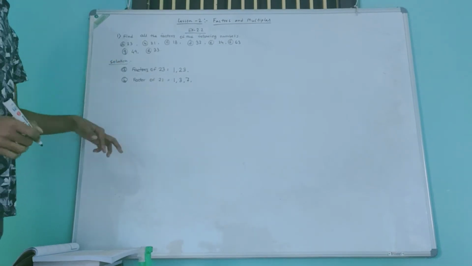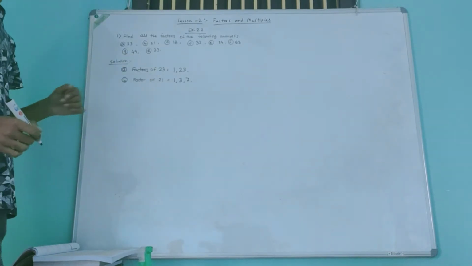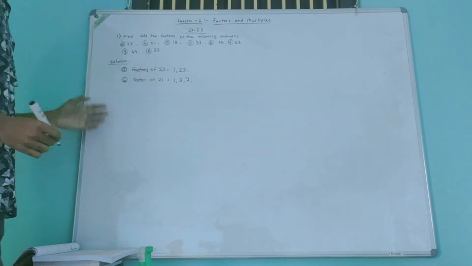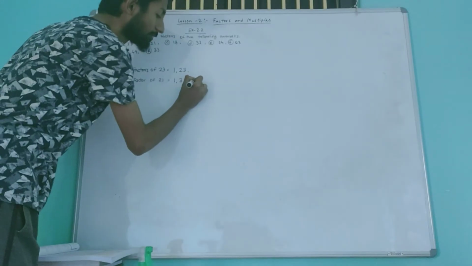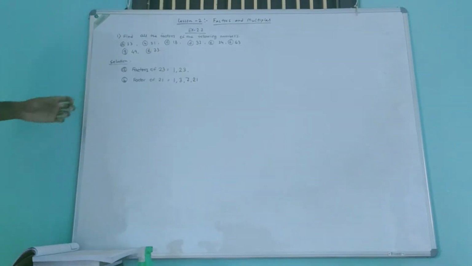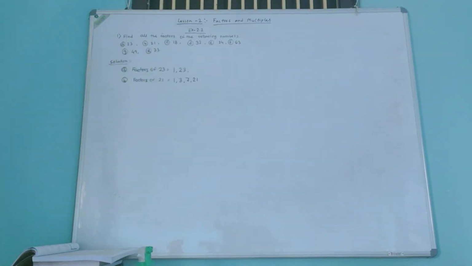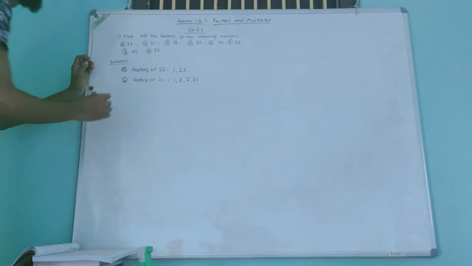It will not be divisible by any number except 21. So the factors of 21 are 1, 3, 7 and 21.